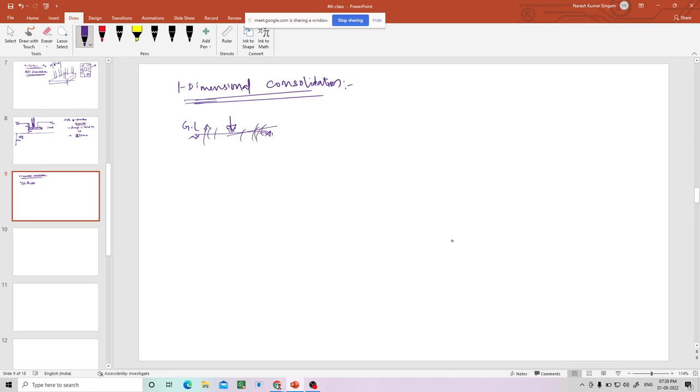Generally in the field, water can move in any direction when load is applied, so that is three dimensional consolidation. But for the time being, according to the theory, that is Terzaghi's one dimensional consolidation.